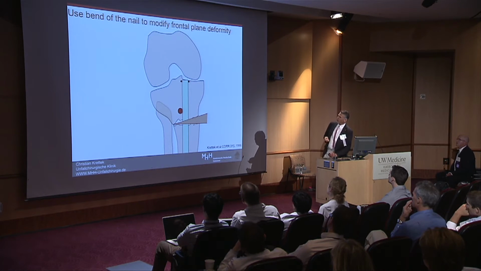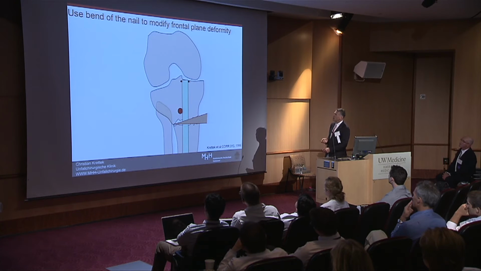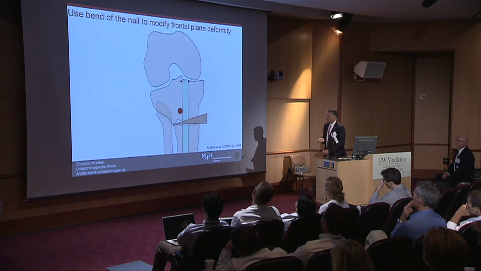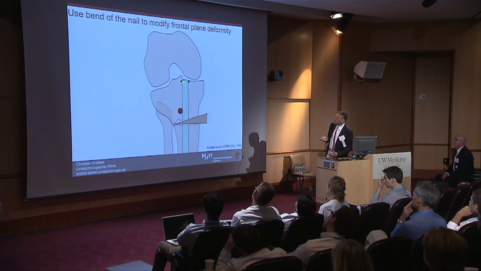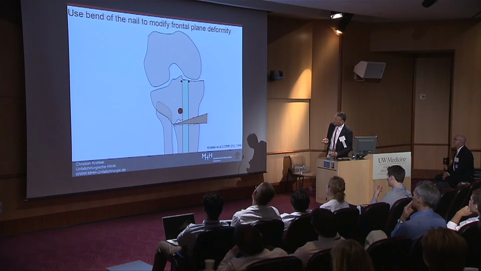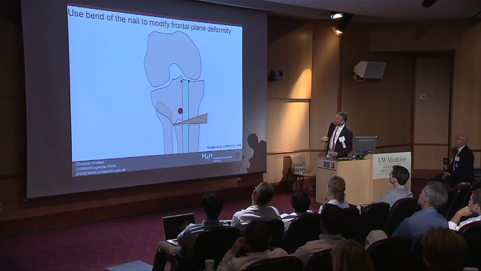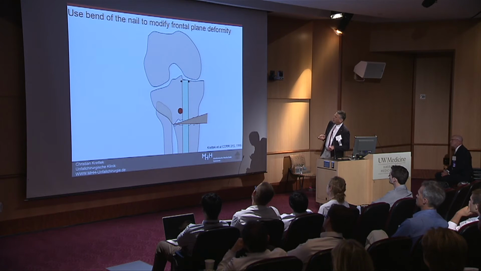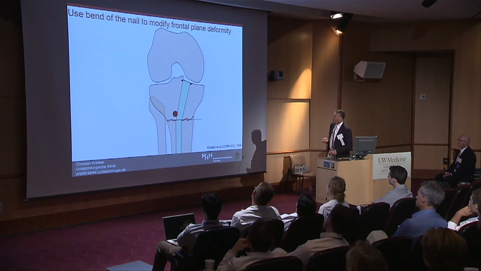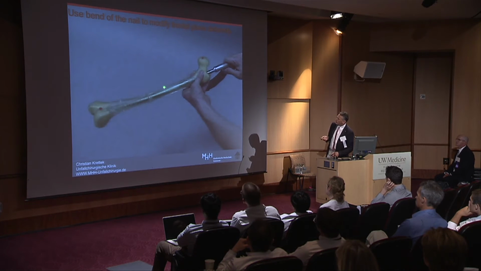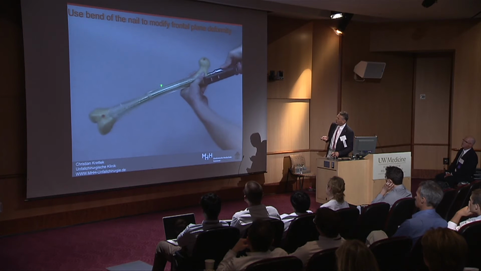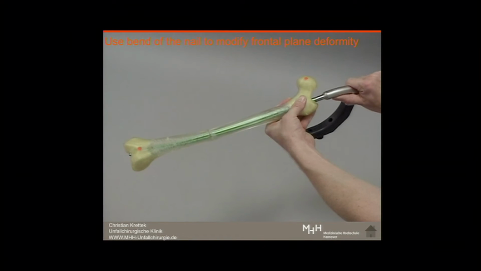Other tricks and other situations we might use in proximal tibia fractures: we can take advantage of the asymmetric profile of the nail by using a polar screw. We have here this deformity, but by rotating the nail, we can get a better alignment, and just by using simple implants. We can use the same effect by rotating the implant using the curve.